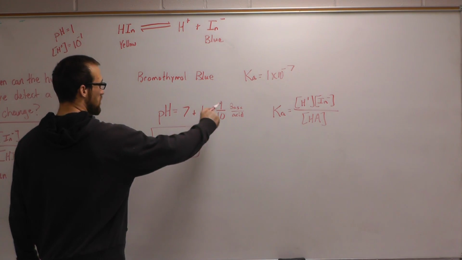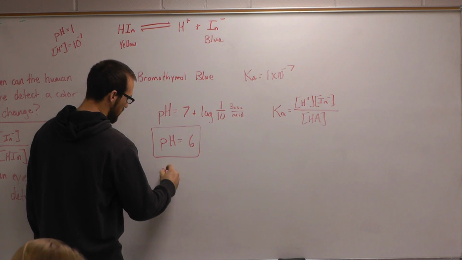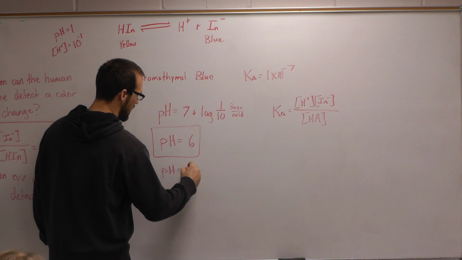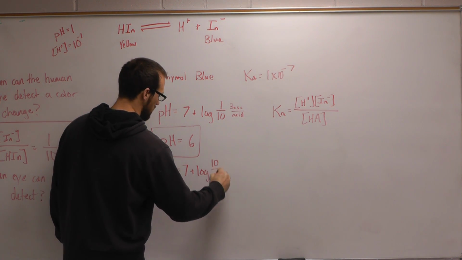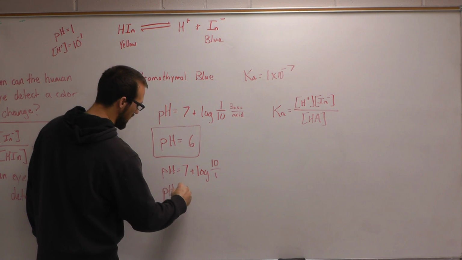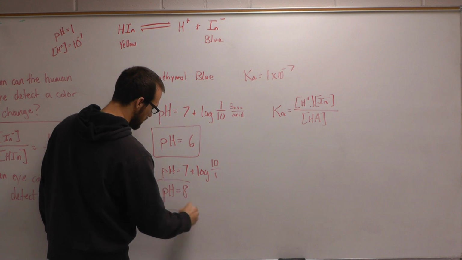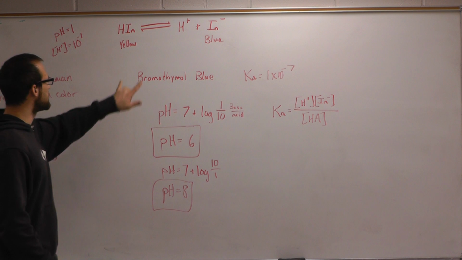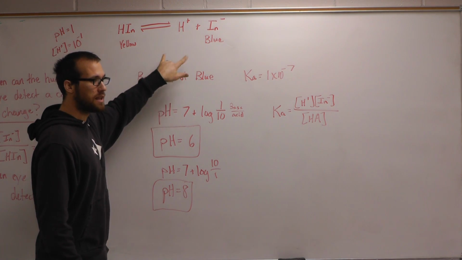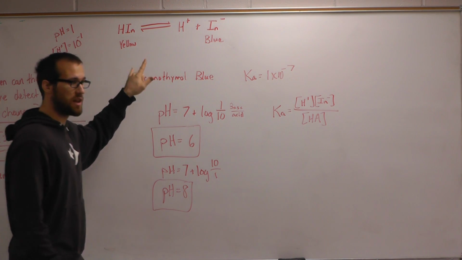If you were going the opposite way, you would have a pH of 8. So what color is it? It's from 6 to 8, so it's going to be in between, a mixture of yellow and blue.